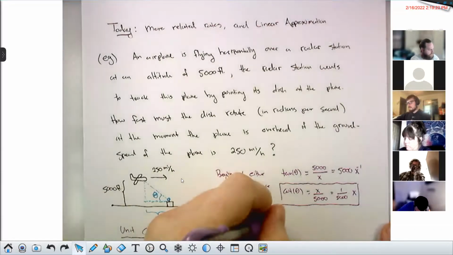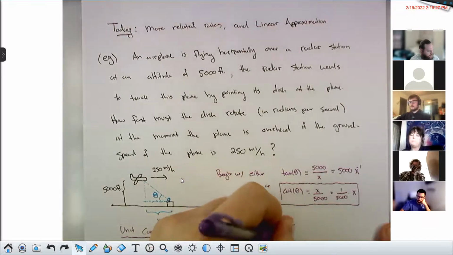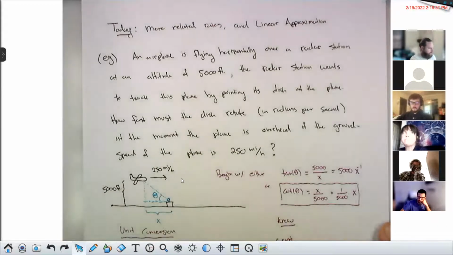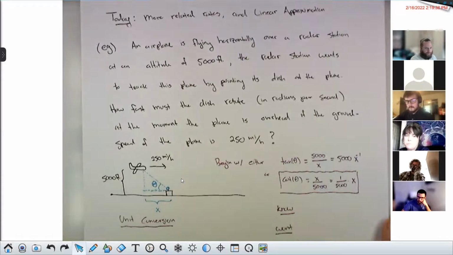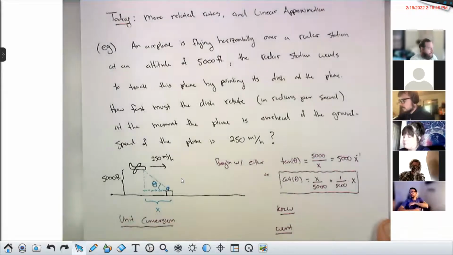I'll write down our things we know and things we want. So we know that the plane is going 250 miles an hour in this way. It's up to me to say the positive direction for x, but if I'm thinking of it as this distance, then I would say that that distance is shrinking at 250 miles per hour.